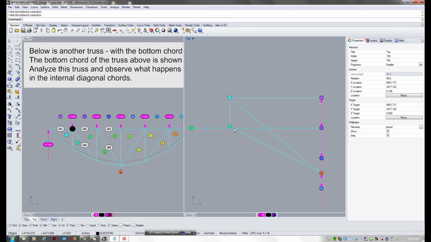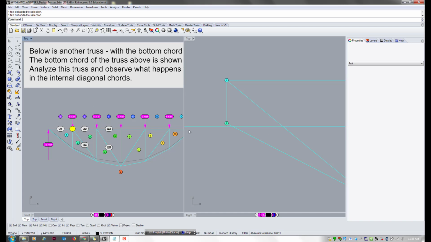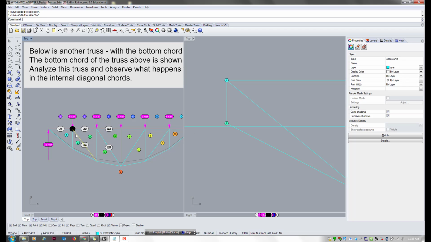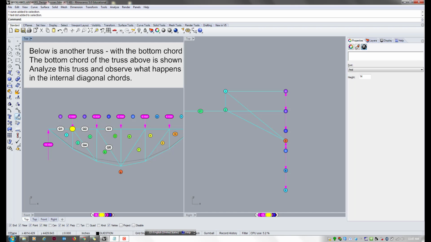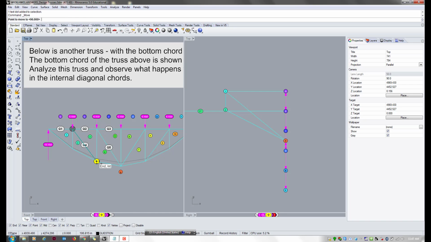So then we're gonna continue our analysis. So we were looking at this member, which is right here between 3 and 2. 2, 1 we already analyzed, so we're gonna skip this, and so therefore we're gonna move on to the next member.